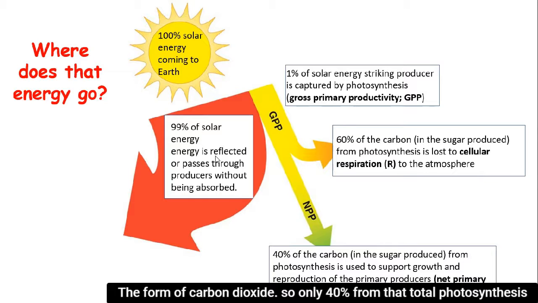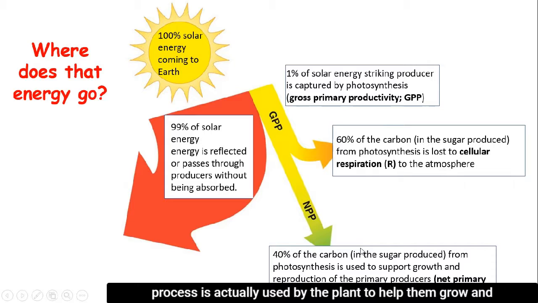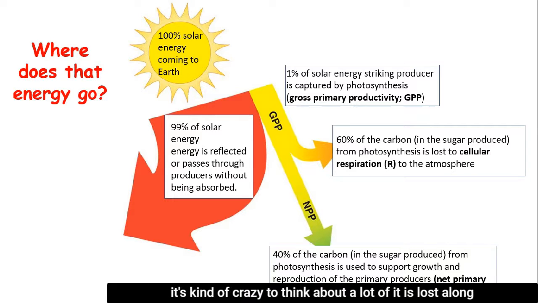So only 40% from that total photosynthesis process is actually used by the plant to help them grow and reproduce. And that's what we call their net primary productivity. That's what they can actually use to grow and reproduce. So it's kind of crazy to think about. A lot of it is lost along the way. It's not a very efficient process.